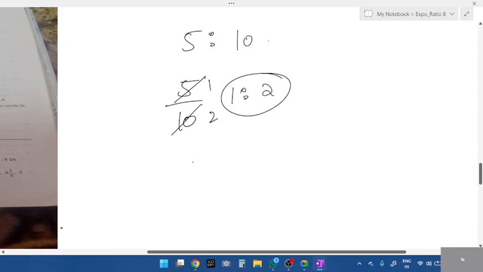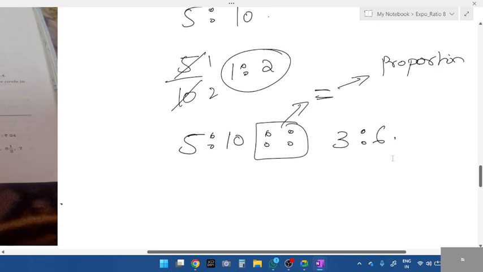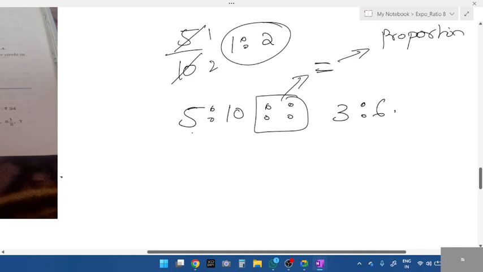Now, when it comes to proportion, two ratios together, students, 5 is to 10 is proportionate. This symbol means proportionate or is equal to proportion. 5 is to 10, and you'll have two dots, which means is equal to or proportion to 3:6. This is the question, 3:6, which means the value of two ratios should be the same.